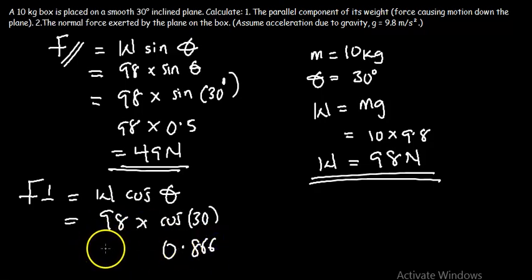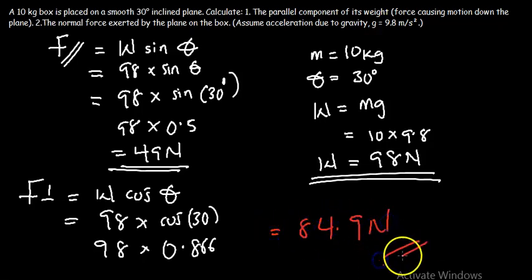If you multiply 0.866 by 98, it gives you 84.9 newtons. So this is the parallel force causing the motion, which is 49 newtons, and here we have the normal force, which is the reaction by the plane, which is 84.9 newtons.